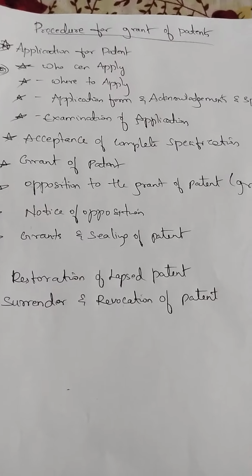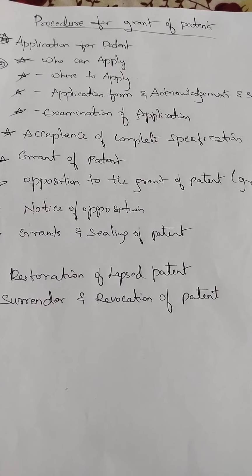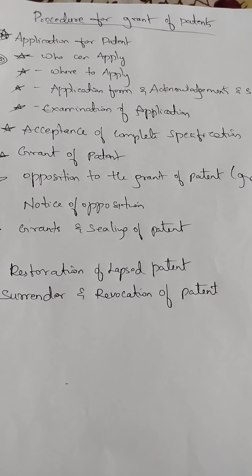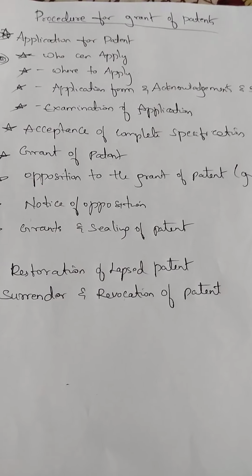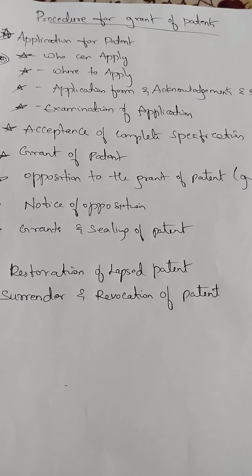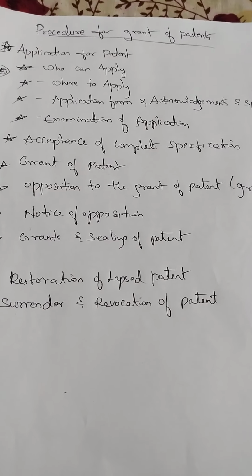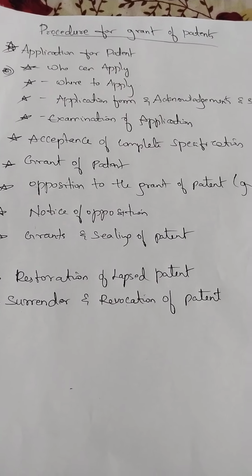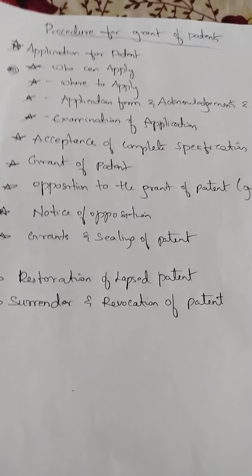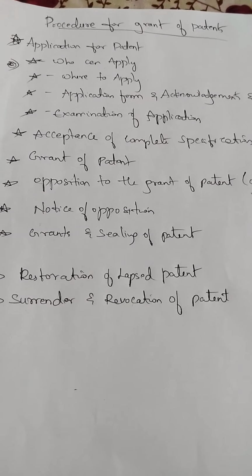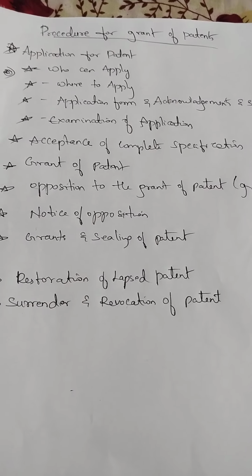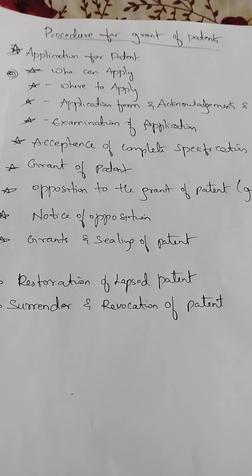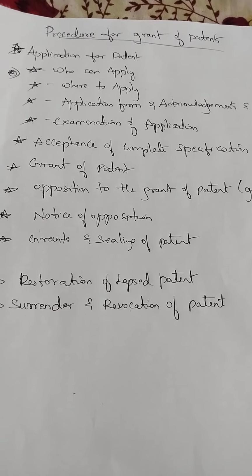First thing is the controller in the patent office will examine the patentability of the invention, whether the invention is patentable or not, meaning whether it can be given patent rights or not. They are going to check whether the application and all the specifications relating to it are in accordance with the rules and regulations of the Patents Act.